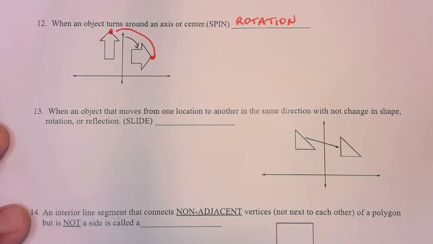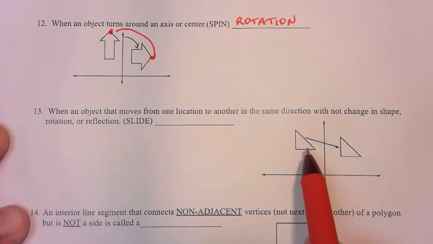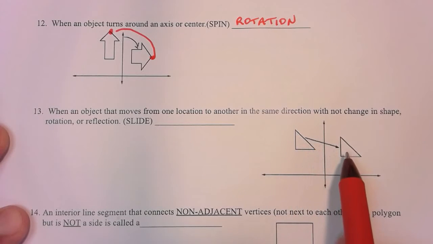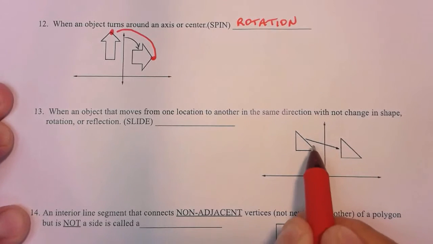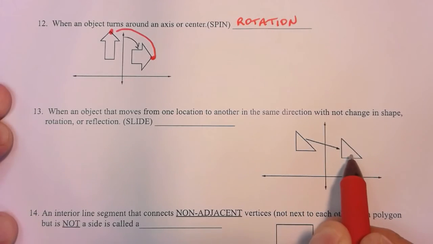Now, this is one you might have probably never heard of before, but if you notice, this is just like pushing a shape along a line. For example, if you drive your car down the street, the location has changed, but the direction of your car, in other words, your car hasn't spun around. The front of your car is still going in the same direction, just like this shape, when it slides along an axis.